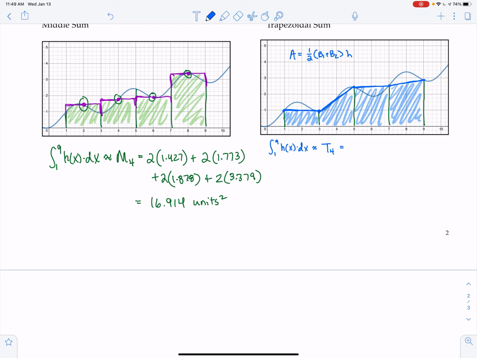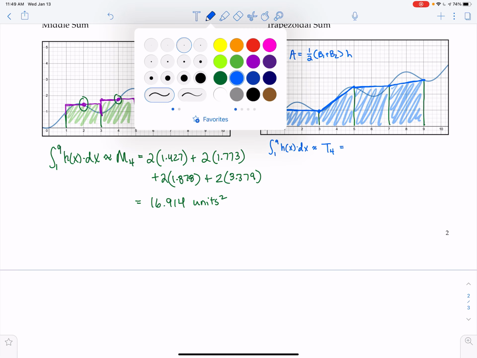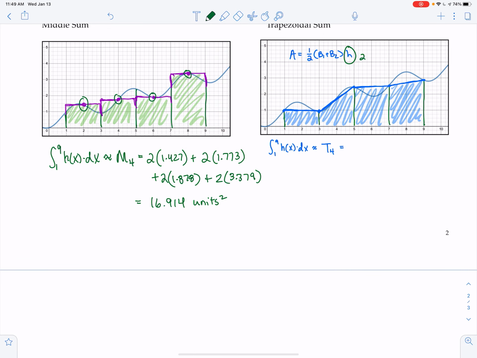Trapezoidal sums are a little funny though, because we were talking along the x-axis, the height in this case is actually the 2, the width of the rectangle, and the bases are the vertical sides. So what we can do here is do a little bit of factoring. We know that we're going to be taking 1/2 times each of these rectangles times the height, which is 2, times the sum of the bases.